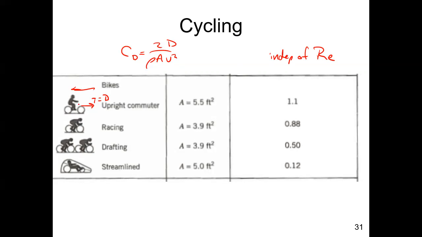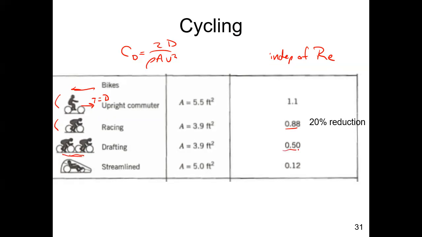But when you're racing, if you just look at the posture, just lowering your body onto the handlebars, you can see that the drag coefficient has decreased from 1.1 to 0.88. That's a 20% reduction. It's not good on your back, but if you're comfortable doing that, you can actually do your routes a lot faster, or you can go a lot farther with the same amount of energy. And then in racing, you always see them drafting.